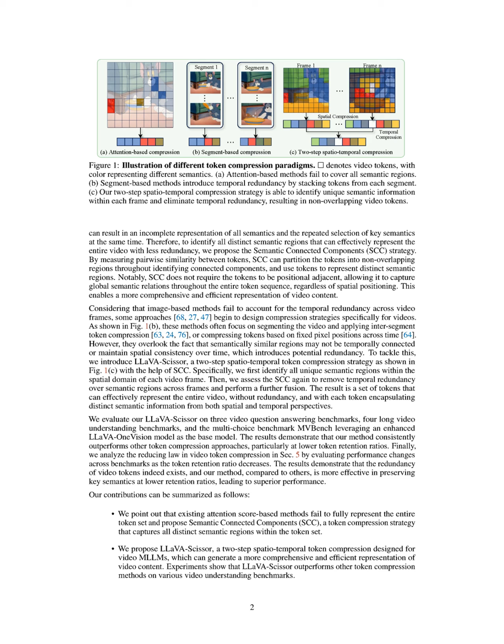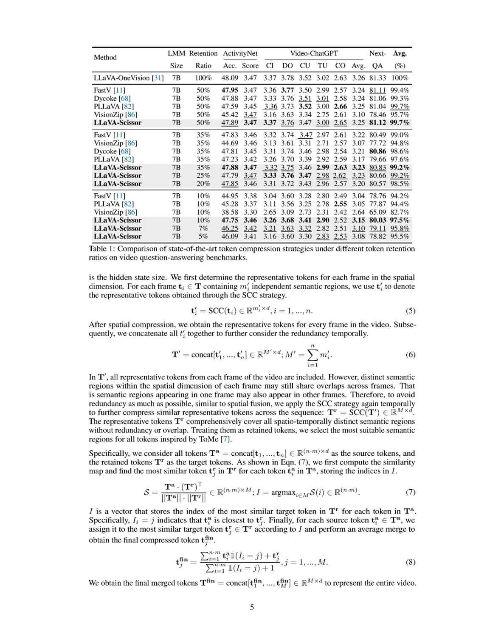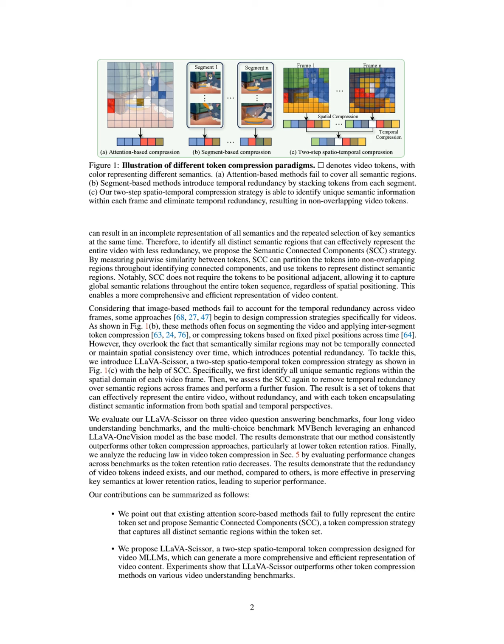The first step involves applying the Semantic Connected Components (SCC) strategy, where pairwise similarities between tokens are computed to identify unique semantic regions. For instance, tokens representing the dog in all frames are grouped together, while those for the park and person are similarly clustered. After identifying these connected components, one representative token is selected from each distinct region, effectively reducing redundancy.